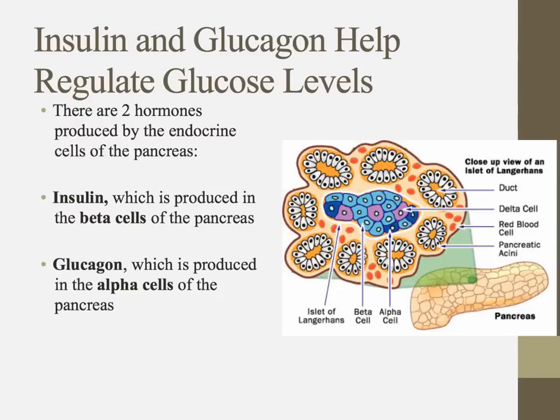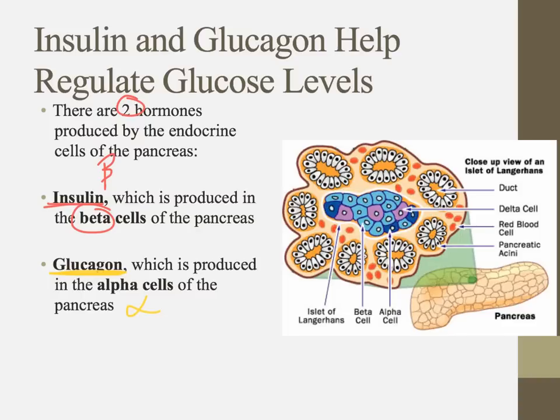There are two hormones that you need to know that are produced by the pancreas. One of those is insulin, and insulin is secreted by beta cells, which you may see written like that, like a bee with a fancy tail. The other is glucagon, which is produced by alpha cells, and you may see it written like that.